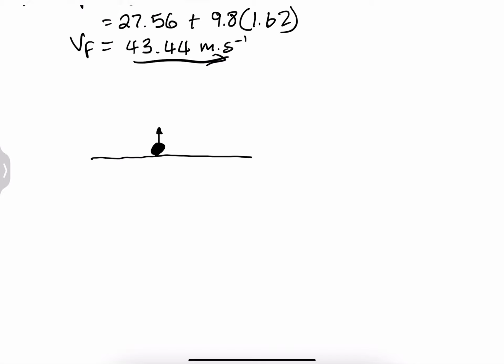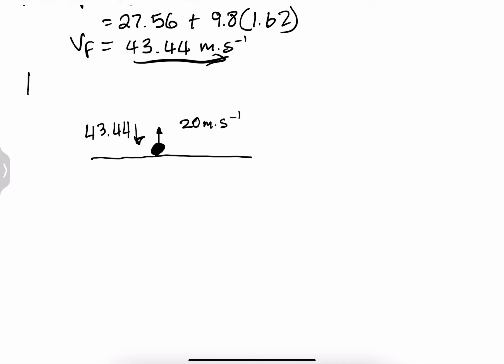What you need to remember is that they said the ball bounces back at 20 meters per second, so it leaves the ground at 20 meters per second. But remember that it reached the ground at 43.44 meters per second. Ladies and gents, this is the part I really want you to be careful of, because this is where the sign matters.